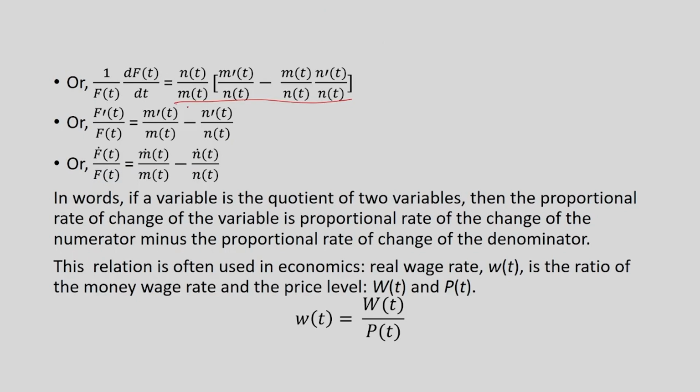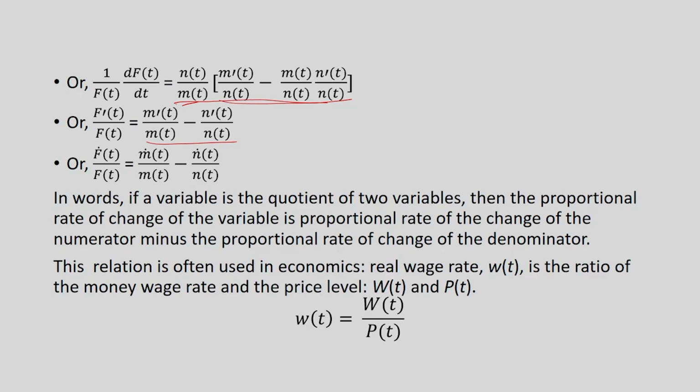Then I multiply this term with the terms in the third brackets, and I will get this expression, which means that F'(t) divided by F is equal to m'(t) divided by m minus n'(t) divided by n. Or in other words, since F'(t) is equal to F dot t, so F dot t divided by F(t) is equal to m dot t divided by m(t) minus n dot t divided by n(t).